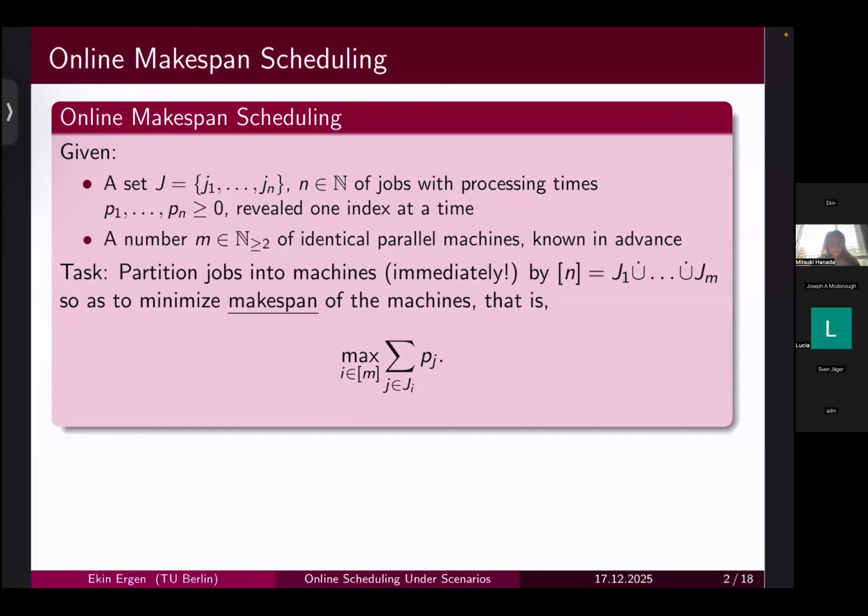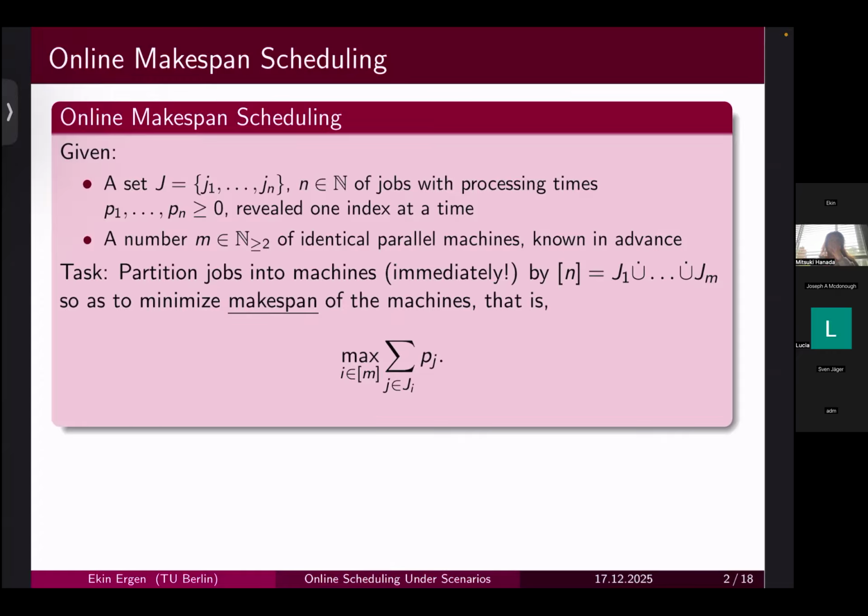This is just formulated in the realm of machines and jobs and scheduling because it comes from such a background, but in reality, it is just as easy as having some numbers, which are the processing times, and wanting to assign them to some sets in a partitioning way, such that the largest set has as small a sum as possible.